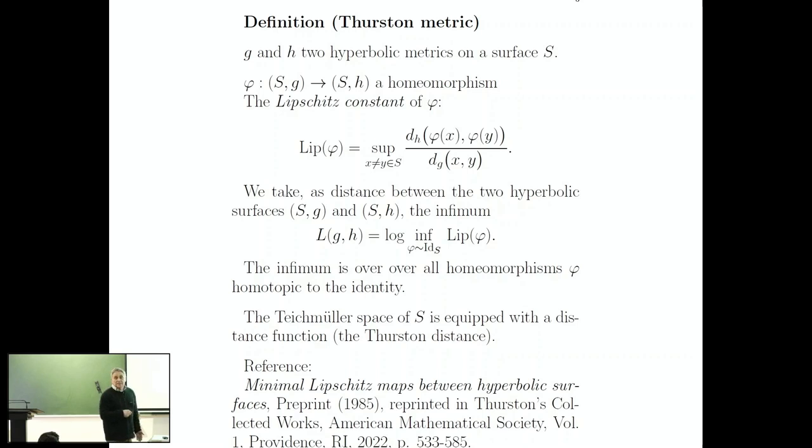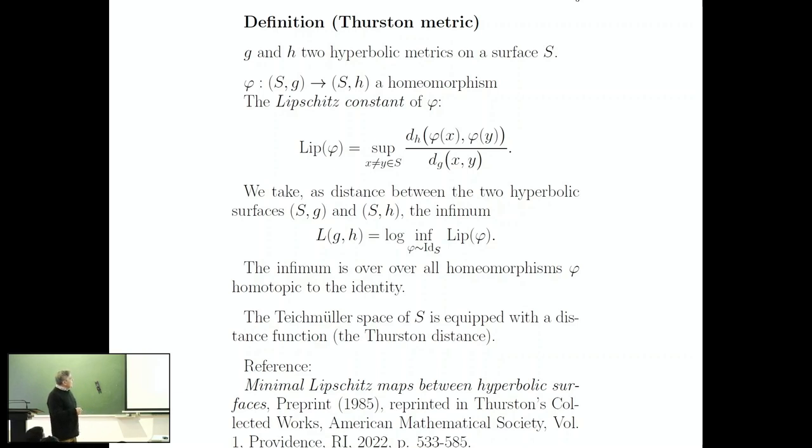If the supremum is bounded, then you say that the map is a Lipschitz map. And this is the Lipschitz constant of phi. For instance, if the map is differentiable, since let's take compact surfaces here. Compact surfaces, I didn't say, but let's say compact. If the map is differentiable, then the Lipschitz constant is always finite. This is a basic theorem.